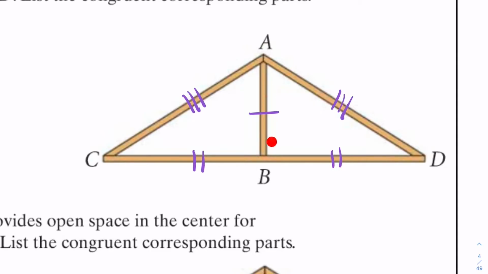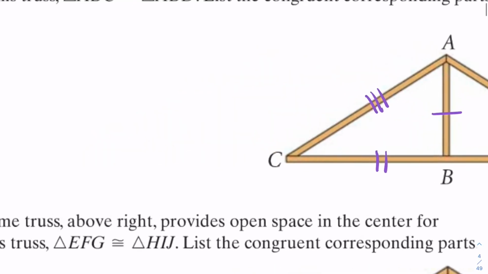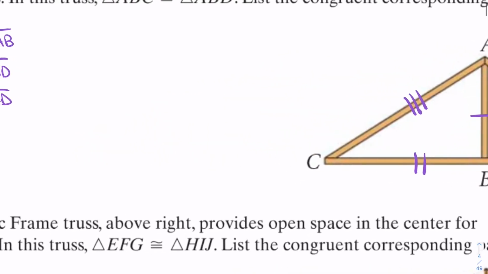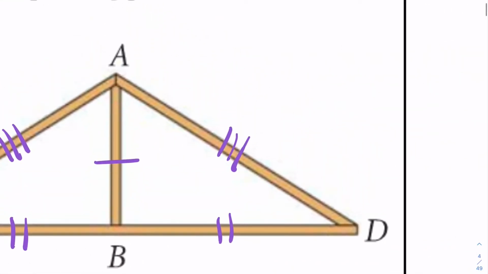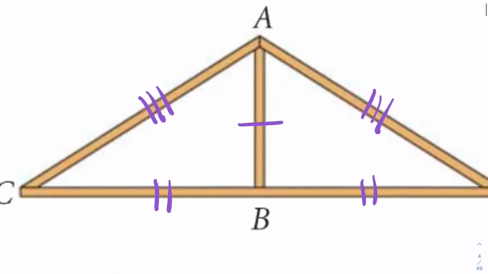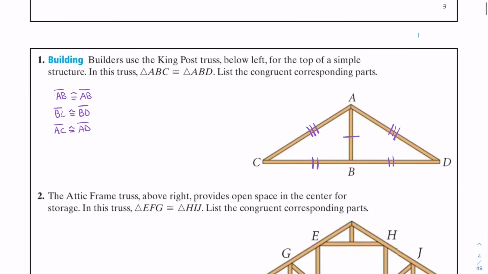The 1 tick mark is representing that AB, no matter if I look at just the left or just the right, can't really do that well on the iPad, but just the left and just the right both share side AB, and that is congruent with 1 tick mark.